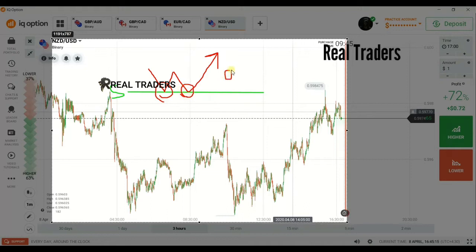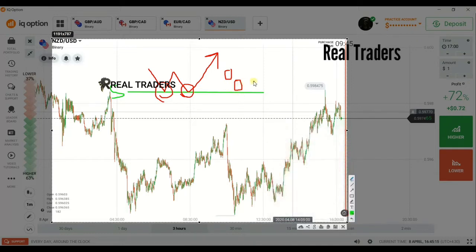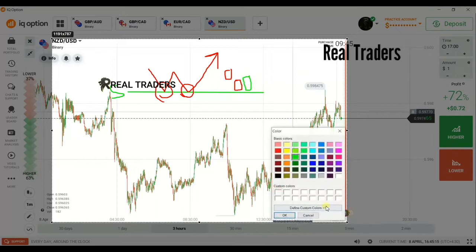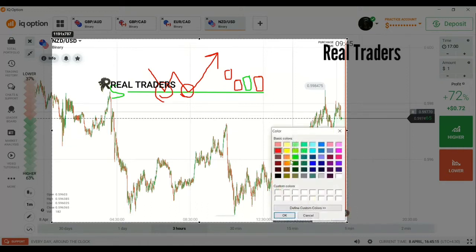The double bottom pattern is showing us, okay, a bearish candle hits the level, and again you can see a buyer's candle. Again the market hits the level, and again you are seeing a bullish candle.